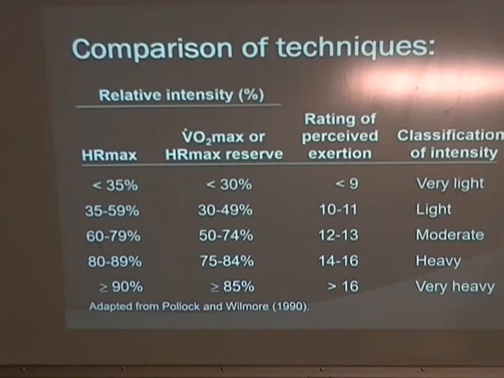One of the problems with the estimates is the error measure in there. So for example, I'm 57, so 220 minus 57 is 163, that's my heart rate max, right? But that overestimates my real heart rate max.